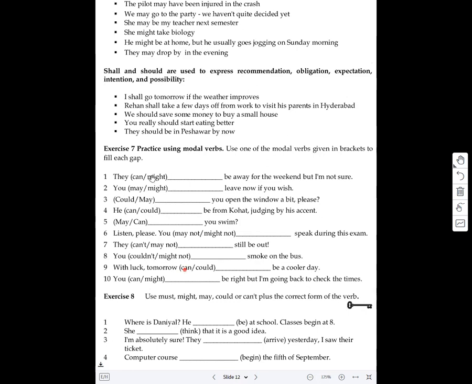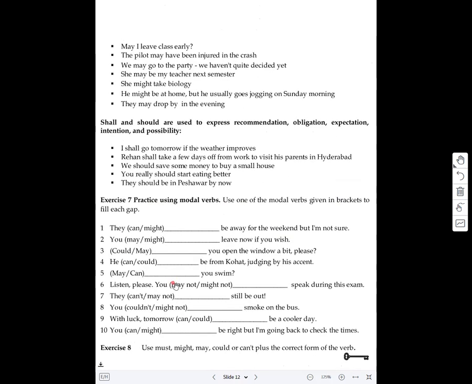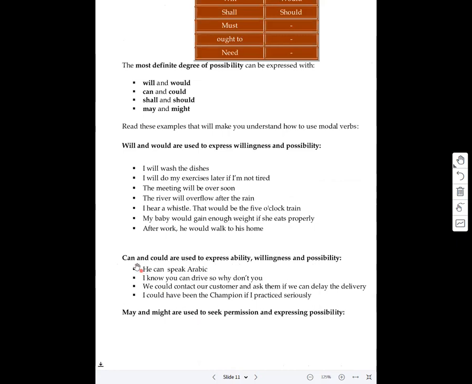For example, if you look at exercise number 7, practice using modal verbs. Use one of the modal verbs given in the practice to fill each gap. "They dash be away for the weekend, but I'm not sure." Let's revisit when to use can and could. Can and could are used to express ability, willingness, and possibility, right?